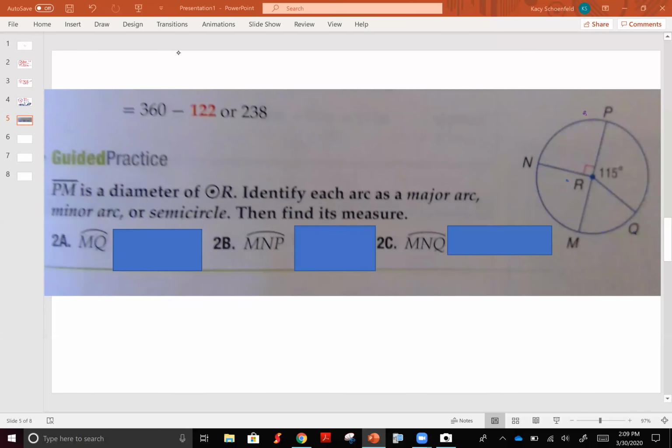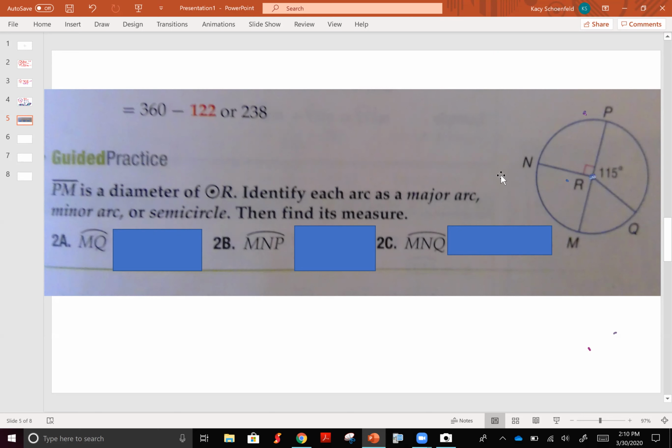All right, for the next question, it is about classifying arcs and finding arc measurements. So I have this picture over here. It is circle R. I have an R right here. You can ignore the stuff up here; I just took a picture of the book to put this up here.